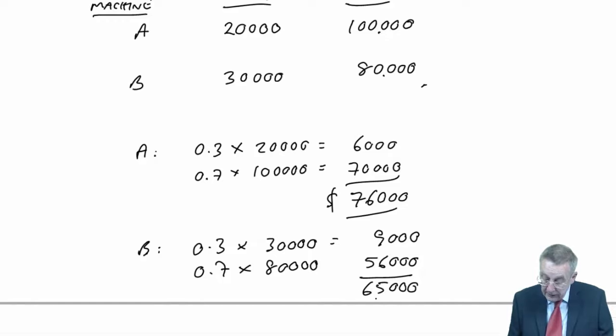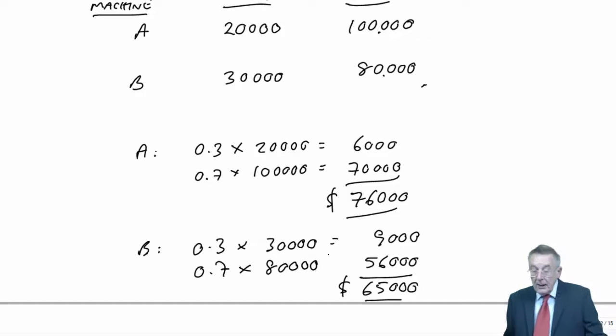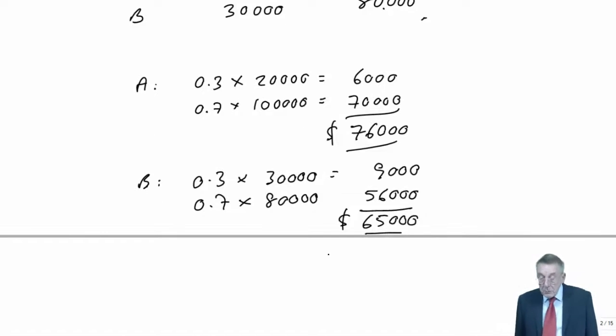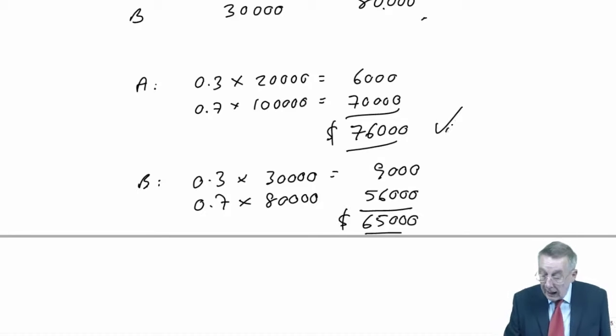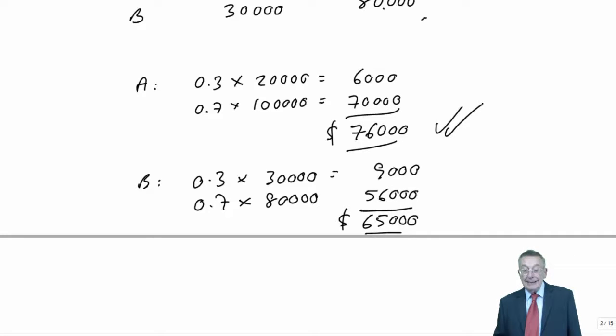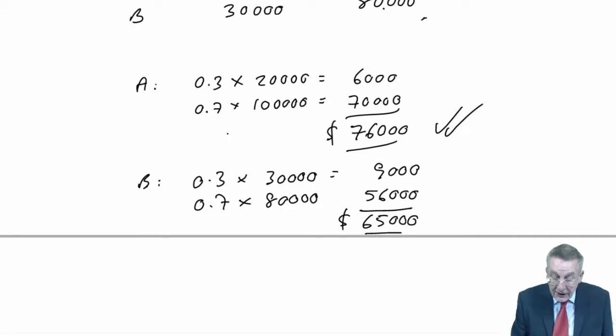Again, I do hope I've done my arithmetic right. And we could say, all right, with that extra information, A is like an average of 76, B is like getting an average of 65, and therefore, we choose A. And we call those averages the expected value.